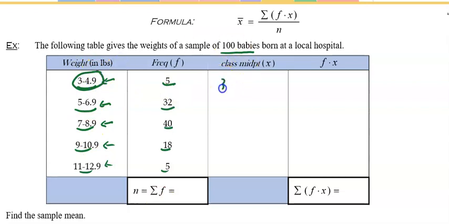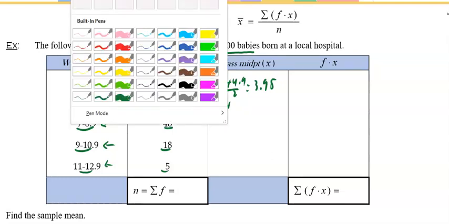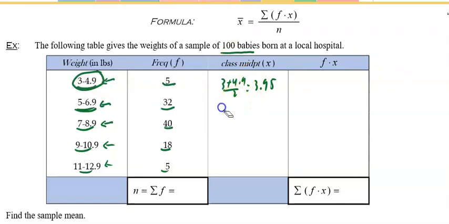Add the 2 divided by 2. That is 3.95. Class midpoint, 5 plus 6.9. You know what? I need a thinner pen. There we go. Now it's going to look better. 5 plus 6.9 divided by 2, and this is going to be 5.95.